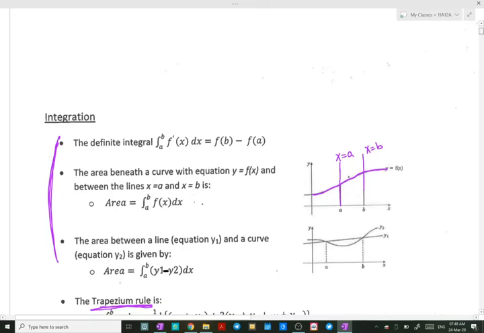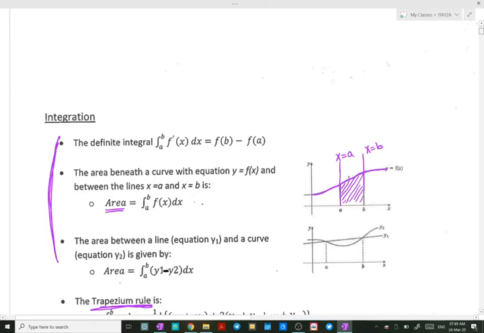The area that you're going to find is this one. So they will give you the boundaries of the area, and in order to find this area you have to use the definite integral.